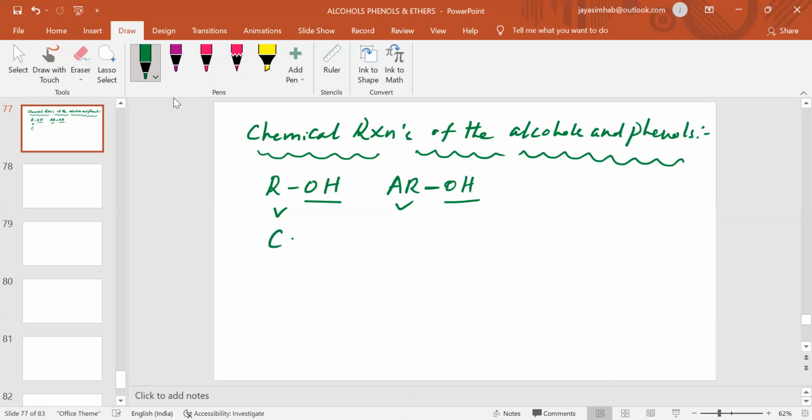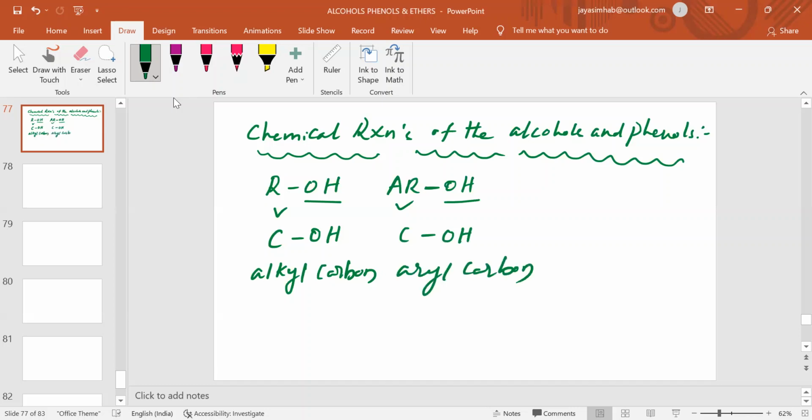The common thing is carbon, C-OH. But this carbon is an alkyl carbon, while here this carbon is an aryl carbon. Aryl carbon means it belongs to the aromatic ring, it is a part of the aromatic ring.